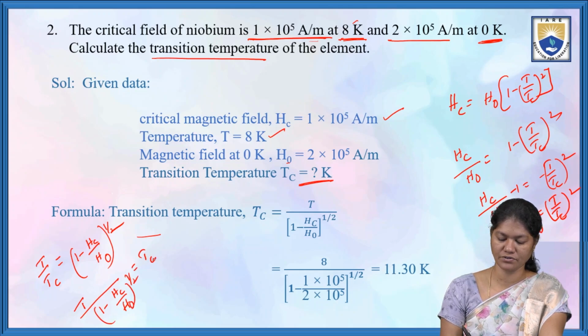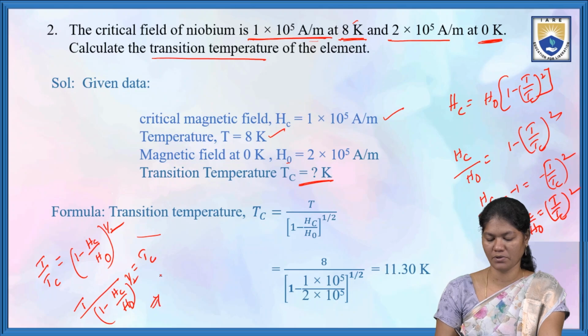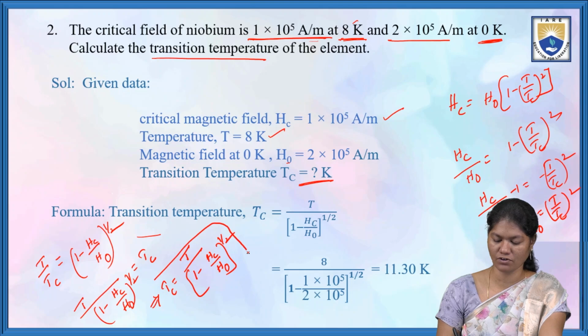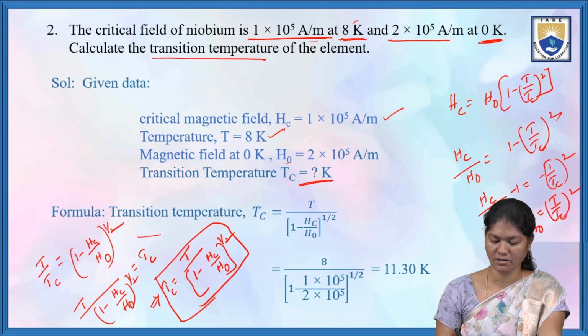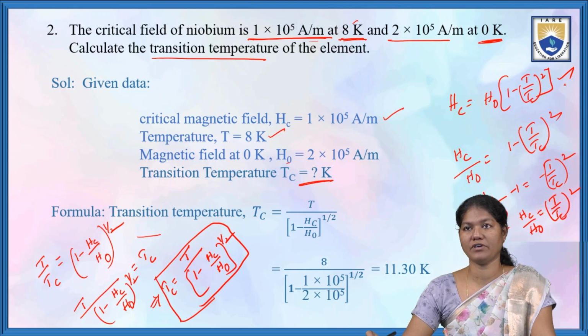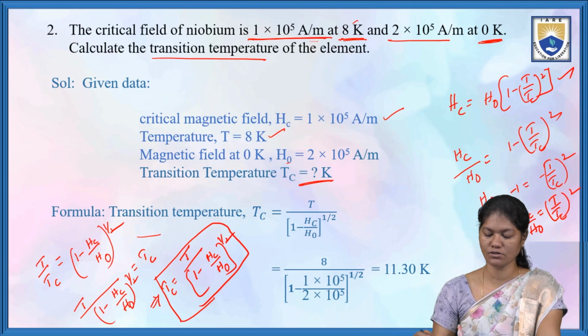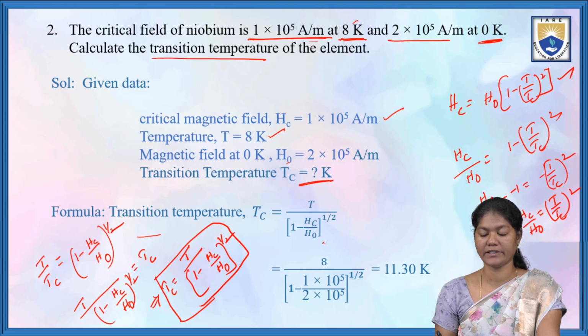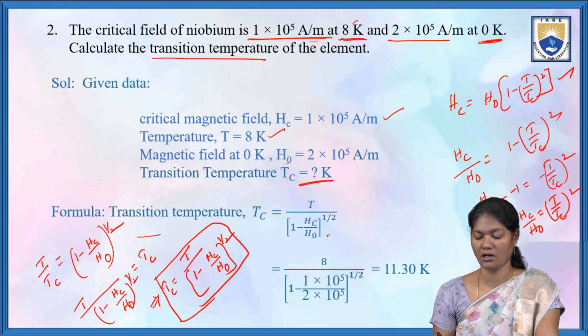We want Tc, so Tc is equal to T by (1 minus Hc by H naught) power half. This is the formula which we derived from the main equation for critical magnetic field.